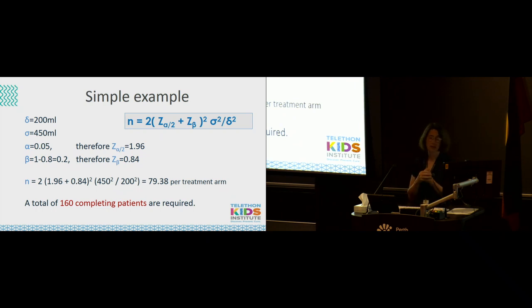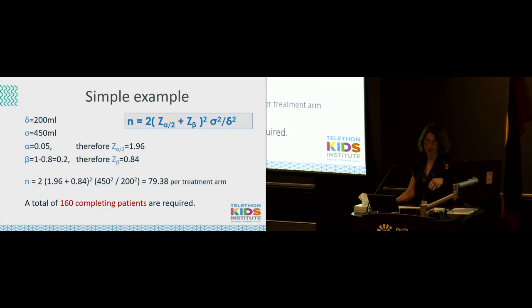And remember, these are completing patients. So when we say you need 80 per treatment arm, you may need to increase that due to loss to follow-up, dropouts, individuals who withdraw from the study, and anticipated missing data values where you can't get back any information about someone. So you do your sample size calculation, you just plug the numbers in quite simply.